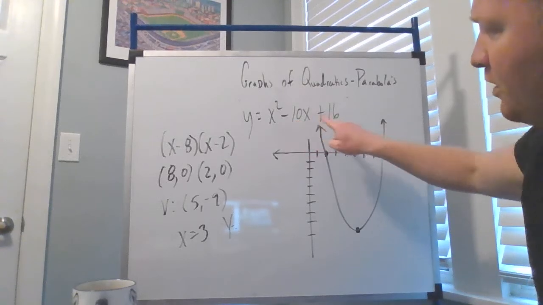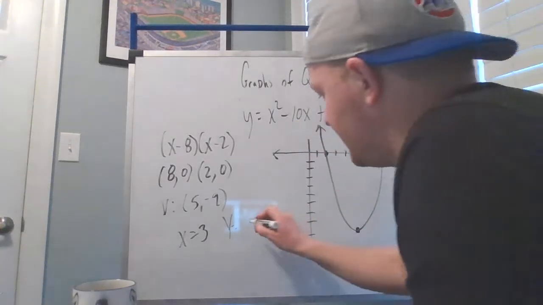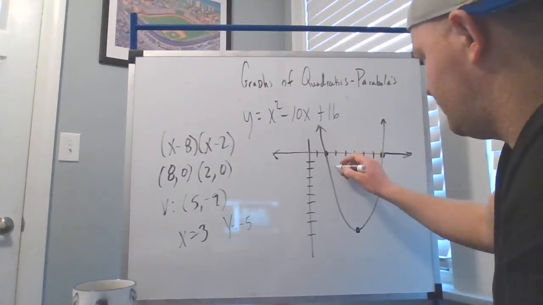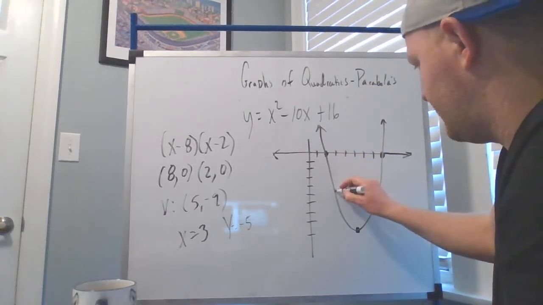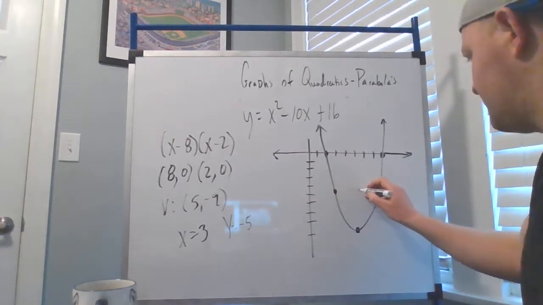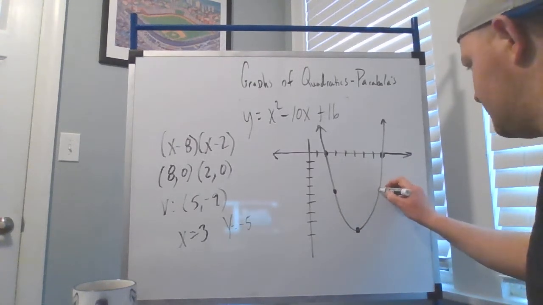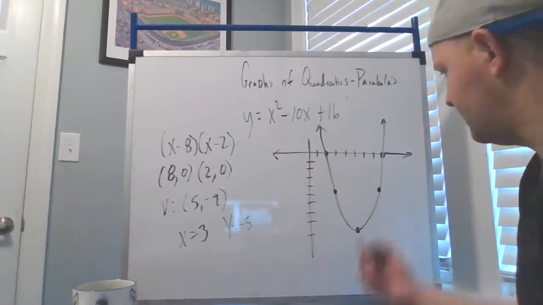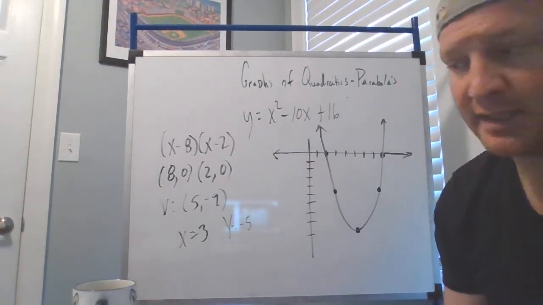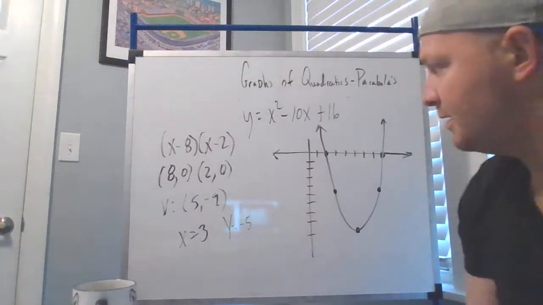And negative 21 plus 16 is negative 5. So when x is 3, y is negative 5. Look at that, almost spot on. And we also know by symmetry there has to be a point right across the way from that, and that is almost perfectly graphed. But nonetheless, that's how you can do it. Another way to do 5 points. Not a necessity, but I'm urging you to do that.